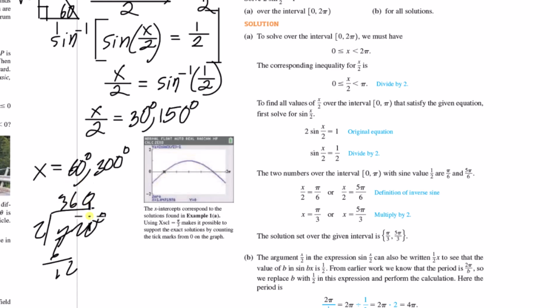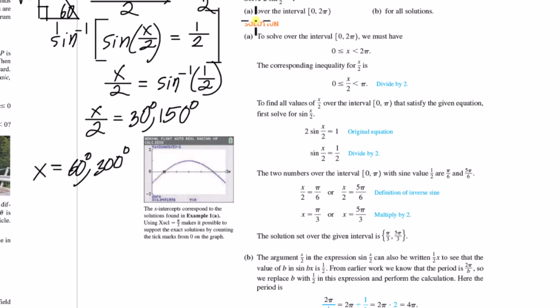So you see, you can't really say that. You can't say 60 degrees, 300 degrees, and any angle that's coterminal with these angles. You have to say it's 30 degrees, 150 degrees. It's 2 times 30 degrees, 150 degrees, or any angle that's coterminal with those. That's the answer. I mean, it's not a big deal. You just have to make sure you know what you're doing. You have to write out the final answer in a way that makes it clear to yourself what the answer is.